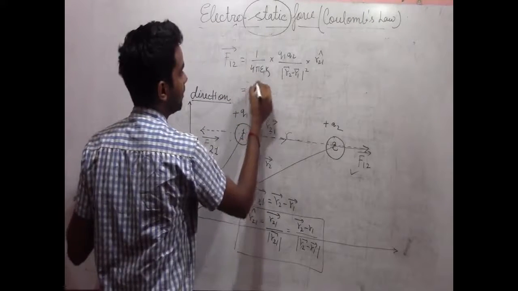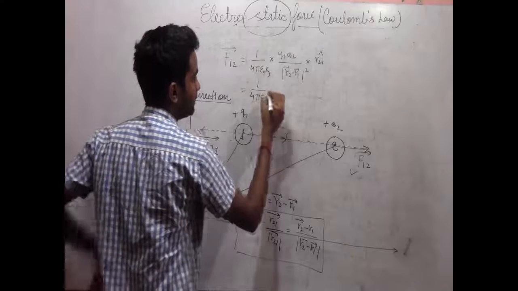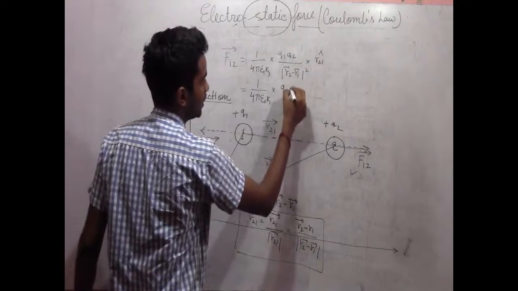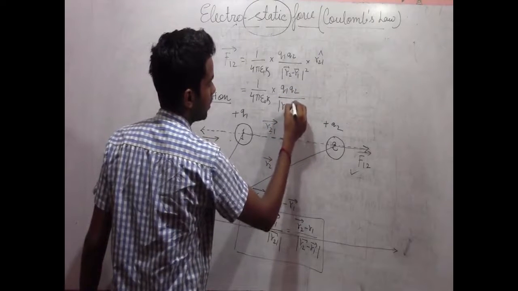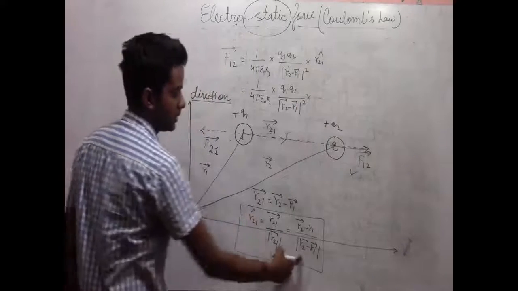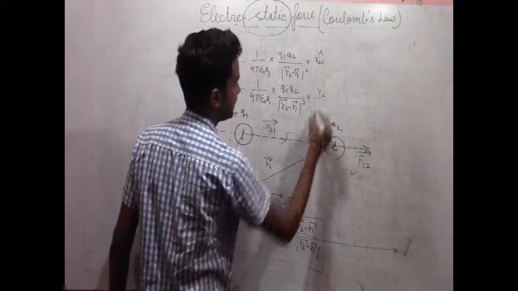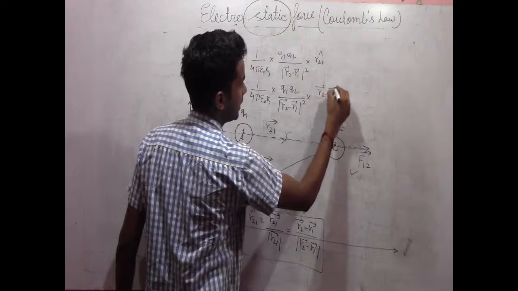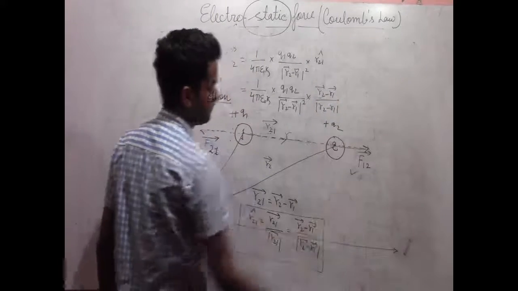Your value has become 1 by 4 pi epsilon naught k q1 q2 upon mod of r2 minus r1 squared, and r21 cap is vector r2 minus vector r1 upon mod of r2 minus r1.